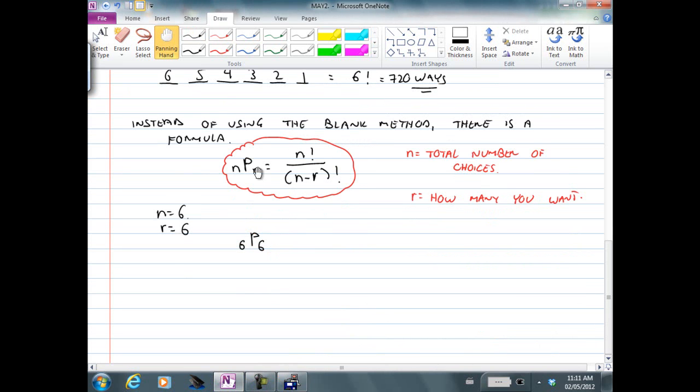So we have 6P6. If I sub in my formula, I get 6 factorial over 0 factorial. And 0 factorial really is 1. So it'd be 6 factorial over 1, which is 720. See? That was easy. What if I ask you to do this?